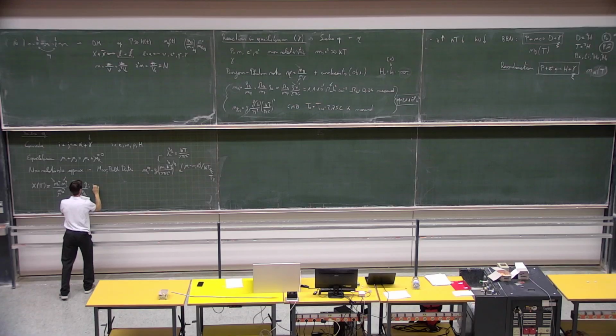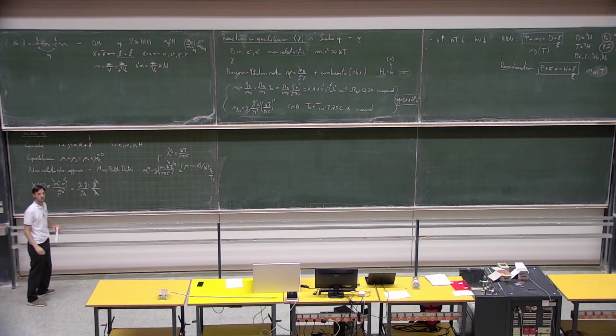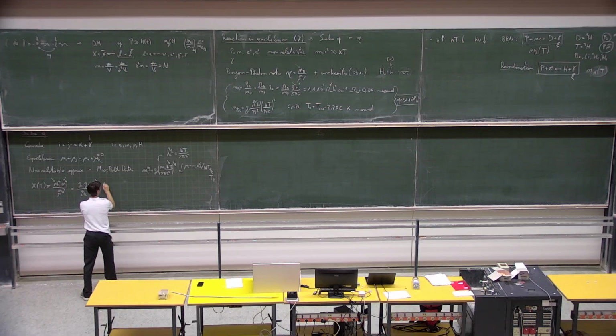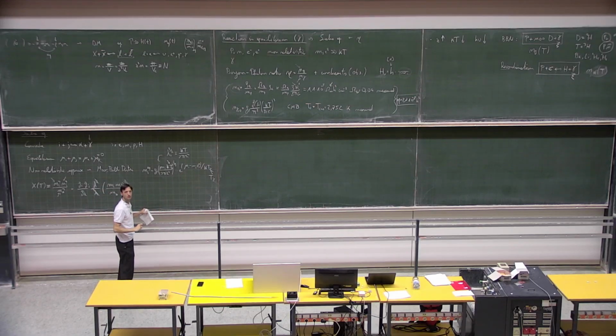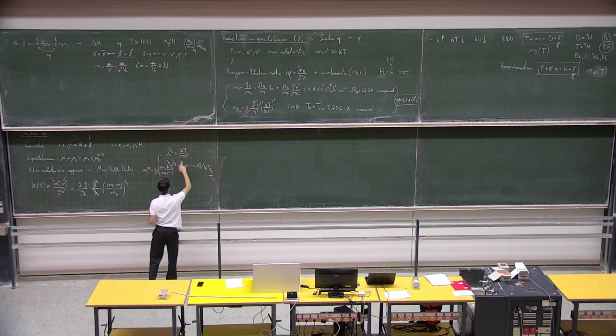Then we have lambda to the power of 2, lambda to the power of 2, divided by lambda. Here we have a lambda contribution, here one lambda contribution, and we have this simplification. Then we have the ratios between the masses. So we have mass of the particle E, mass of the particle J, divided by the mass of the particle K, to the power of 3/2. And then there is the exponential. No, lambda is not there.